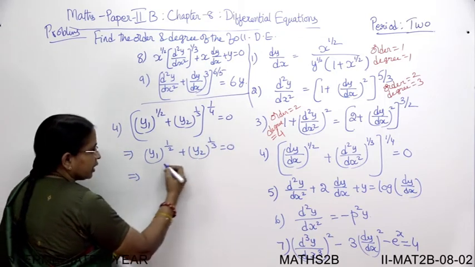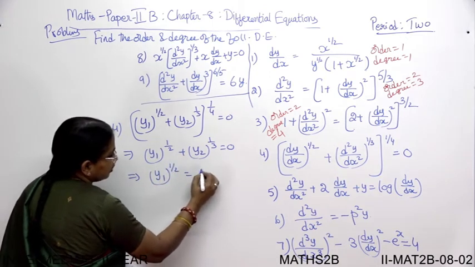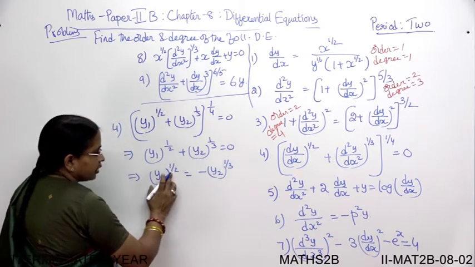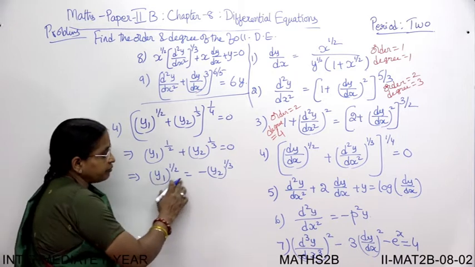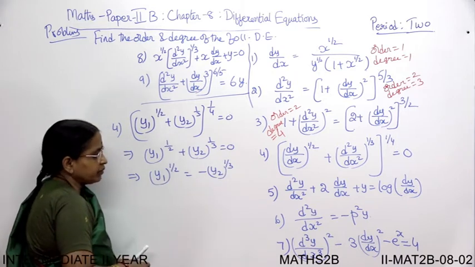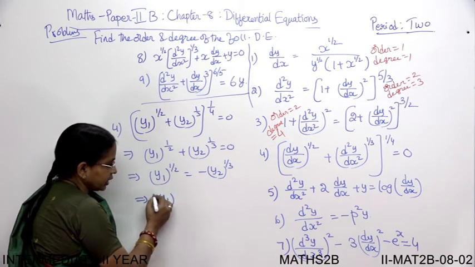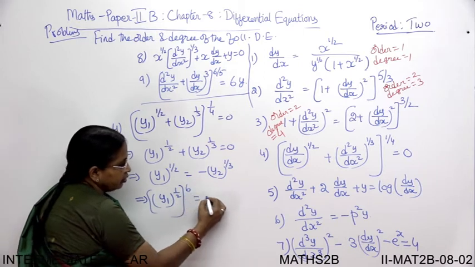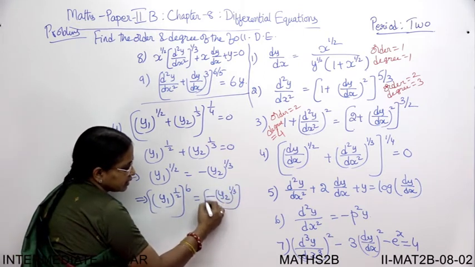So again you take one term to that side. y1 power half is equal to minus y2 to the power 1 by 3. Now here the power is 2, here the power is 3. The LCM for 2 and 3, for half and 1 by 3, the LCM for both of them is 6. So you take the powers on both sides to 6. Whole to the power 6 you take is equal to minus y2 to the power 1 by 3 whole to the power 6.